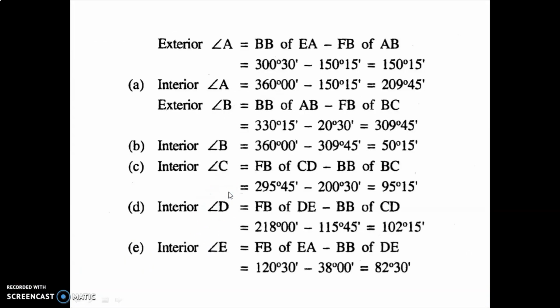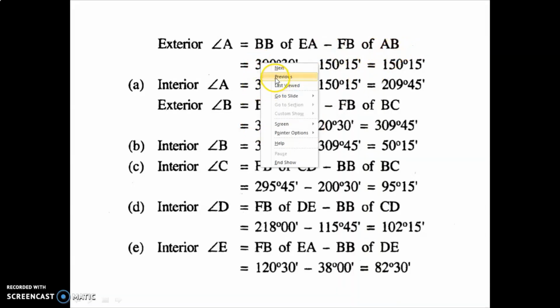So you have to calculate the angles. Don't remember exterior and interior right now; you just focus. Angle A is equal to the back bearing of EA minus the forebearing of AB.